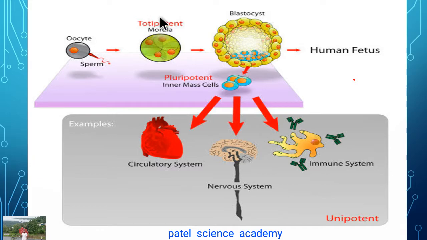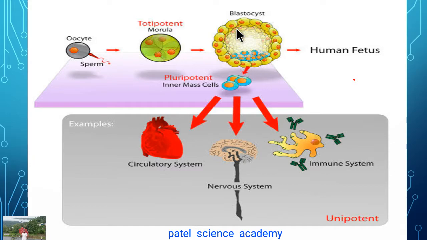This morula stage is actually a totipotent cell, meaning it has the ability to divide and differentiate into the different parts of the body. You can see this morula is totipotent, meaning it can further divide and redivide, and differentiate into different cells. Here this is one layer of cells, and a few cells take their place at one point, shown in blue color.